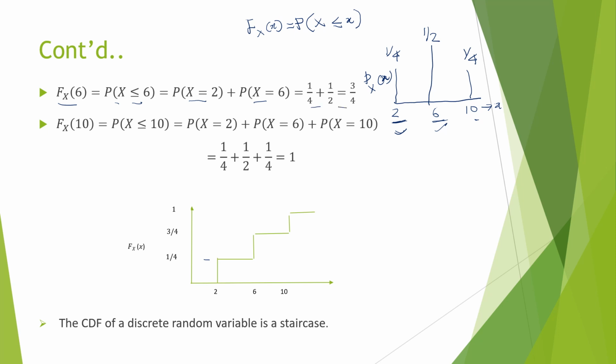So the probability of X less than or equal to 6 is 3 by 4 here. Now the third term is 10, that is F_X(10). It has three terms now: probability of X equal to 2, X equal to 6, and X equal to 10. If we add all three of them, we get 1. So the probability of X less than or equal to 10 rises to 1 at this point.